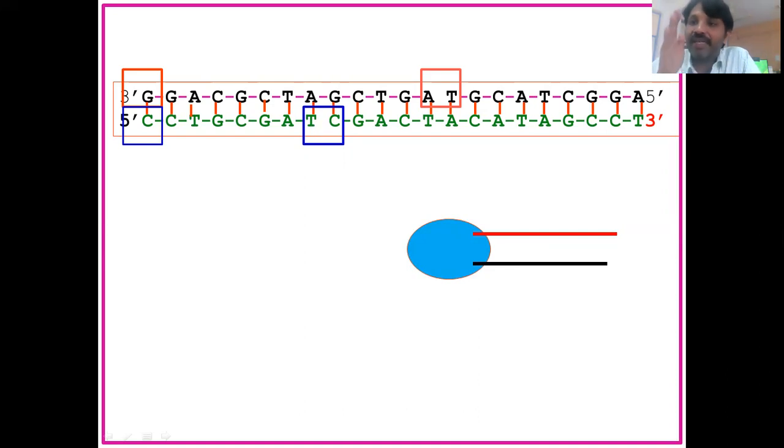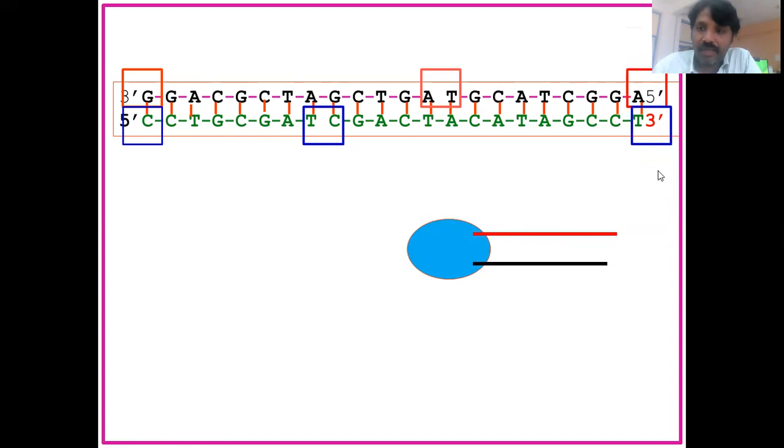The activity is initiated from the nicks, termini or ends of the nucleic acid. Hence, those nucleases are called exonucleases. One special feature of exonucleases is that they act one nucleotide at a time. They degrade one nucleotide at a time from the ends or the nicks.